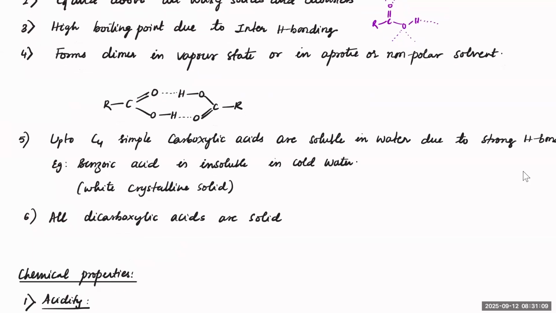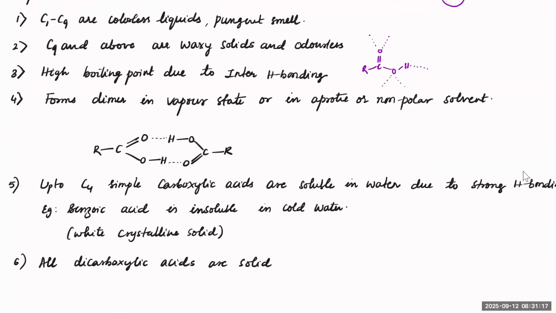In the vapor state, or when you add it to an aprotic solvent or a non-polar solvent, instead of showing intermolecular hydrogen bonding as a chain or with a solvent, they will show it between the molecules, by which they end up forming a cyclic structure as a dimer.